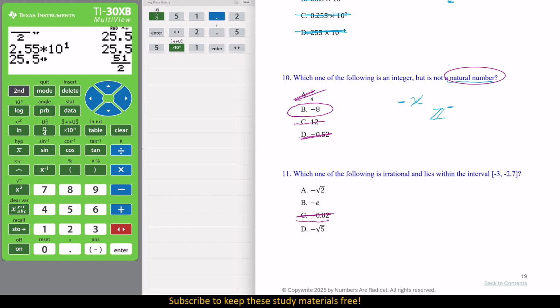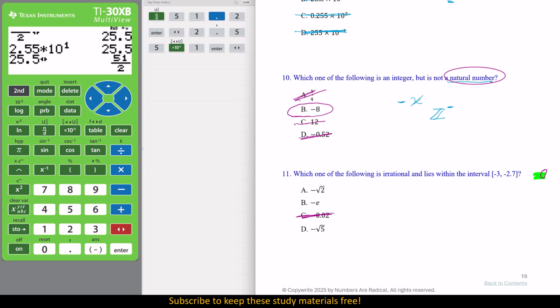C is obviously not going to work because that lies outside the interval. That is somewhere much closer to 0, somewhere over there. So that won't work.